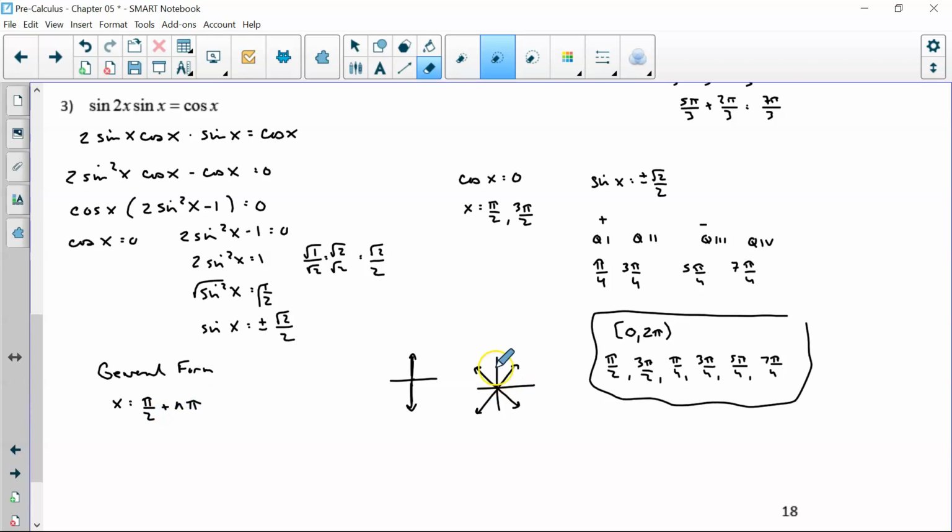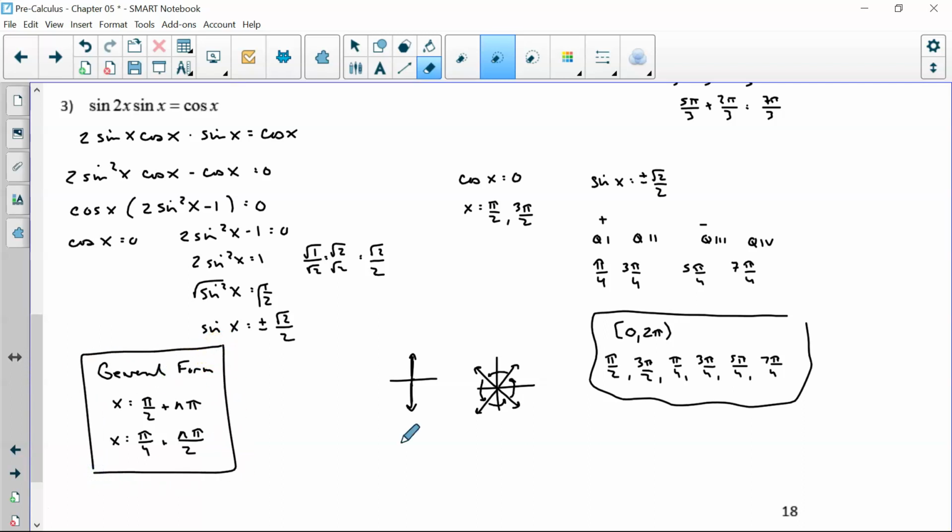Now, for our pi over 4's, they're a pi over 2 apart from each other. So x equals pi over 4 plus n pi over 2. And that would give us all of the answers in the general form.